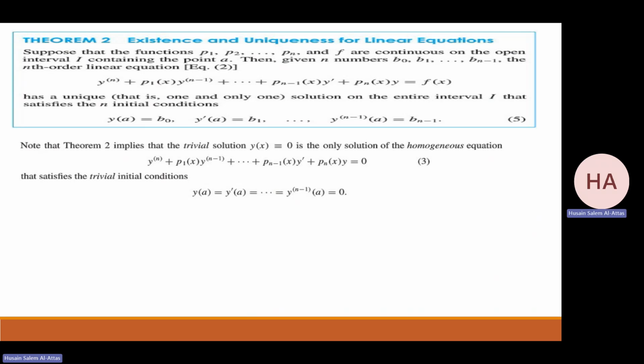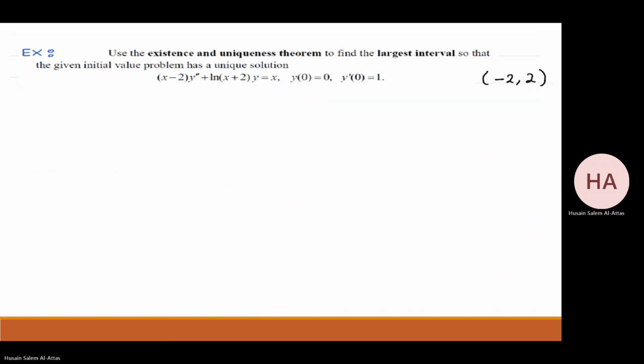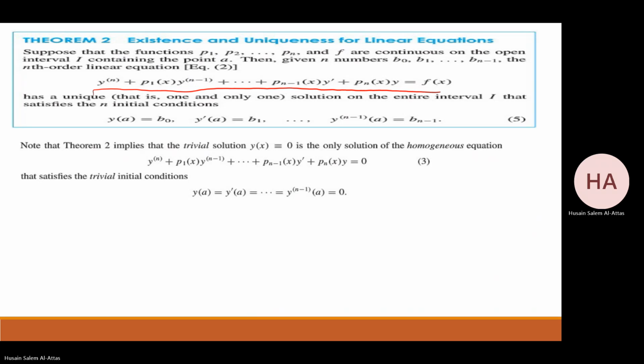Now let me go more. Existence and uniqueness of a solution. If you have this linear differential equation, when do we say this differential equation has a unique solution, one and only one solution?